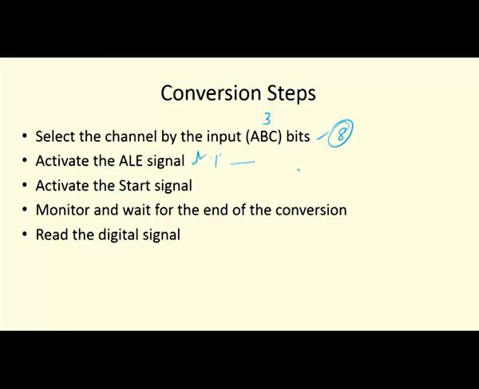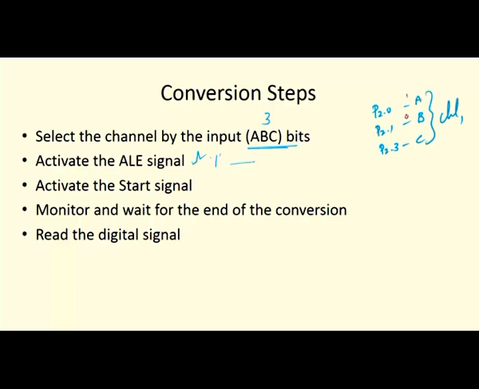If the ALE signal is high, how can we activate it? You can assign any one of the ports. Suppose I have assigned the 3-bit representations to port 2: port 2.0, port 2.1 and port 2.3. These 3 bits are assigned for the bit positions A, B, C. In case of channel 1, how are we activating channel 1?